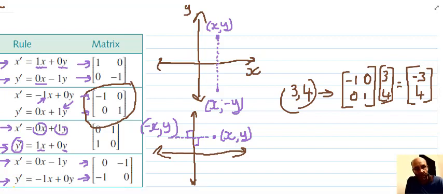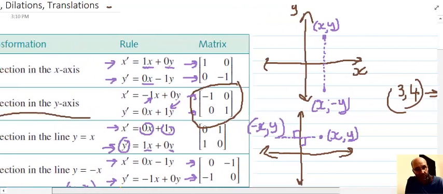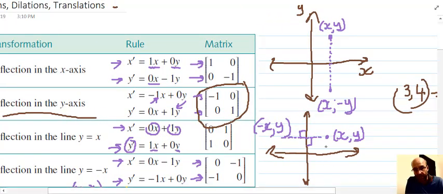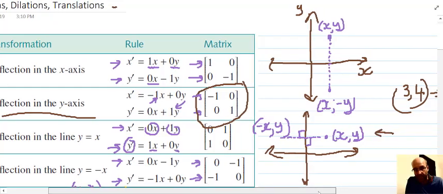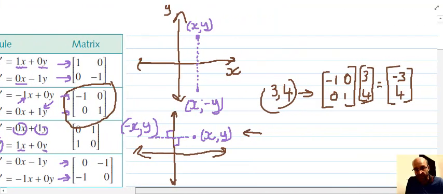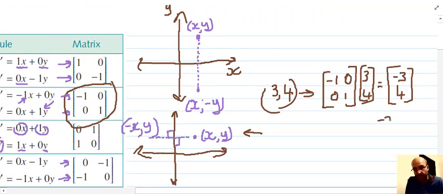And that makes sense, because remember, when you were looking at a reflection in the y-axis, as we saw earlier on, which is this example here, if we have x, y becomes negative x, y, which you can see there. So the point written as a point as such. So basically, when we're looking at all of these examples here for reflection, they involve matrix multiplication.